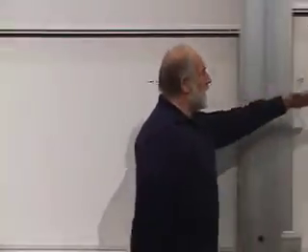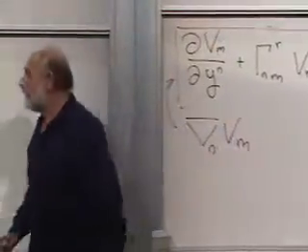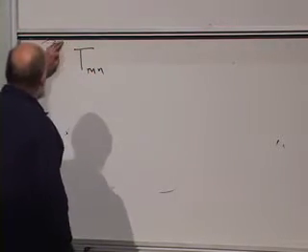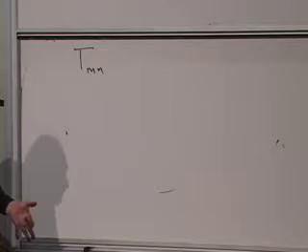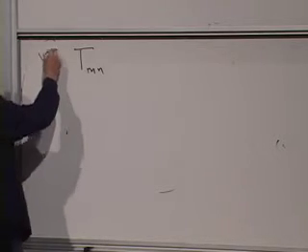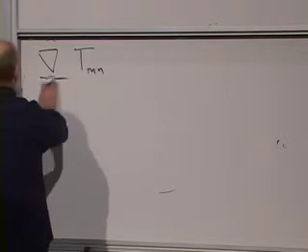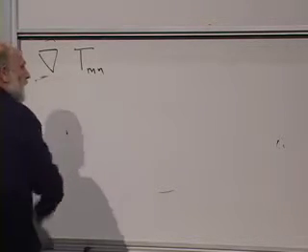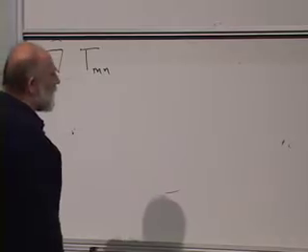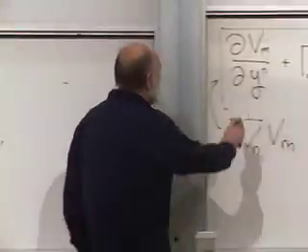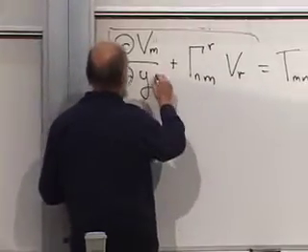Let's take some tensor, not necessarily this tensor over here, any tensor with two indices, for example Tmn, and suppose we want to find its covariant derivative. I want to change notation here a little bit. I want to call this p.